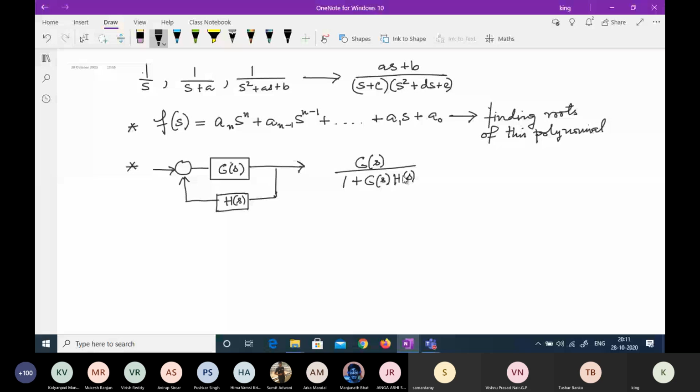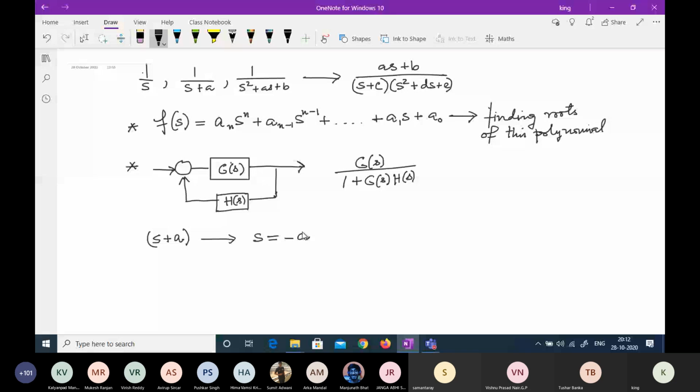This is because if you are looking at, let us say, a factor of the form S plus A, in that case you are going to get S equal to minus A, and the sign of A will tell you whether it is going to be positive or negative.